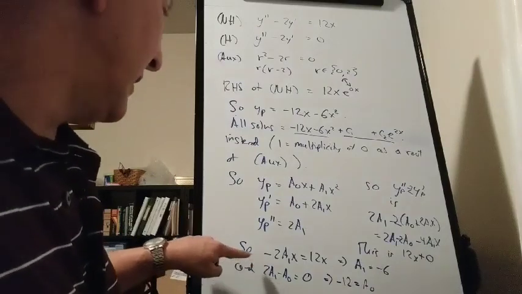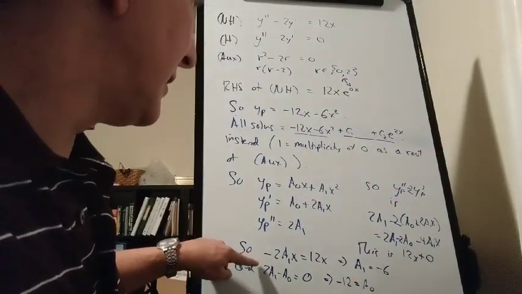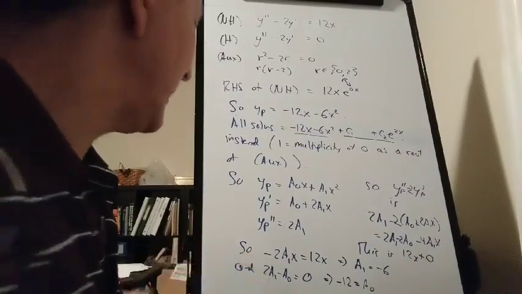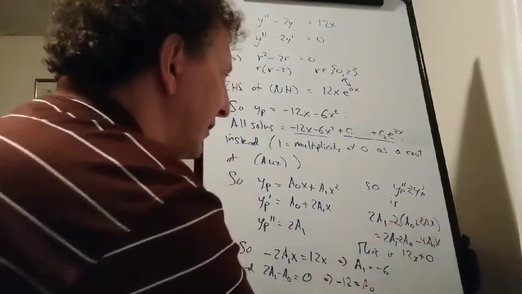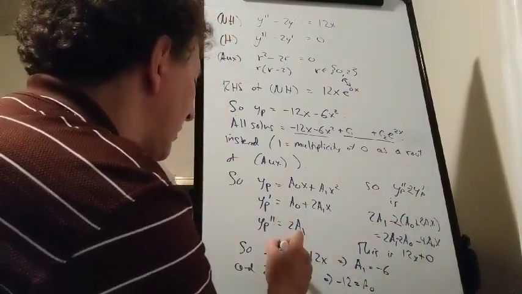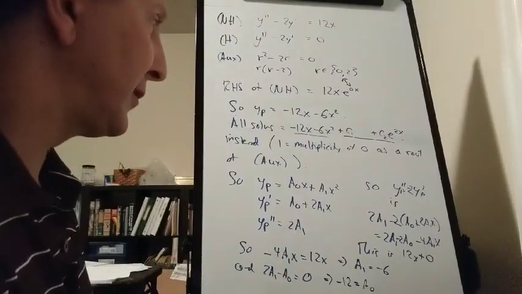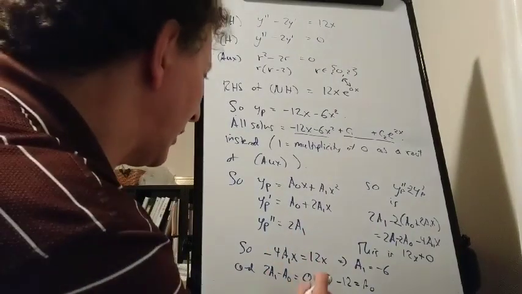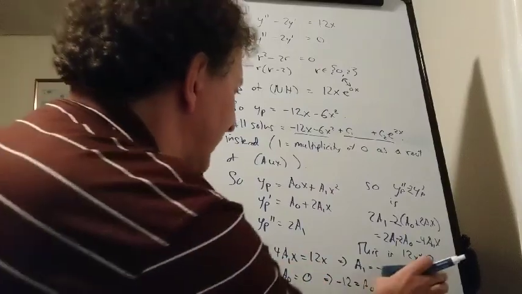So if we look at coefficients of x, we have minus 4 here instead of minus 2. Minus 4a1x equals 12x, so a1 is minus 3.